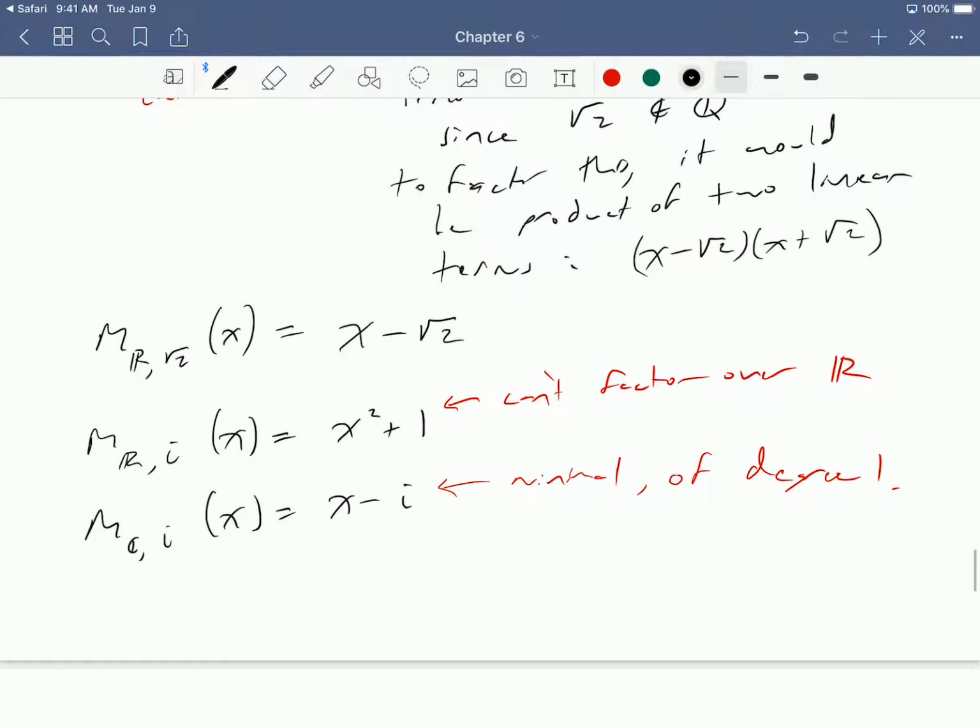So if we were going to take the minimal polynomial over Q of the cube root of 3, you might guess that the cube root of 3 is the root of x cubed minus 3.